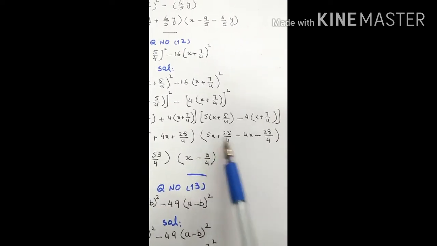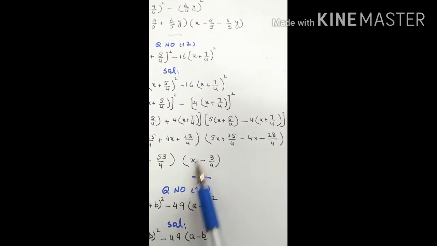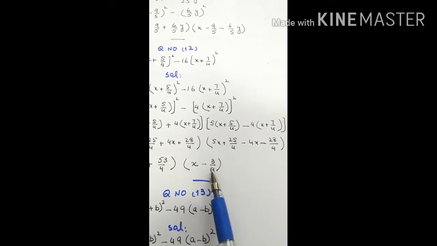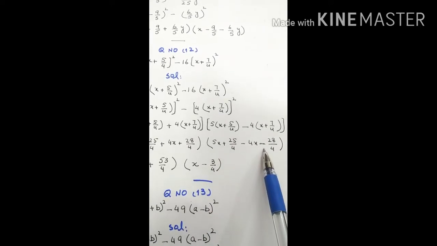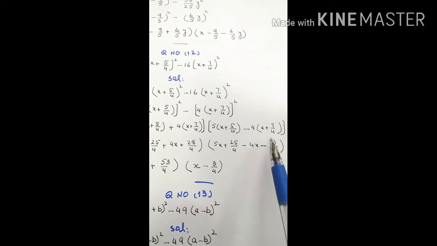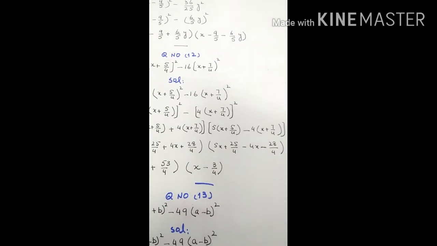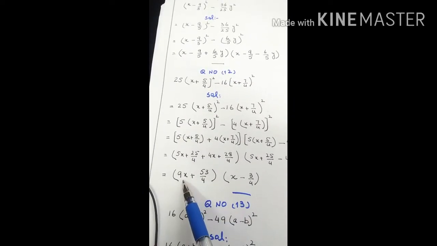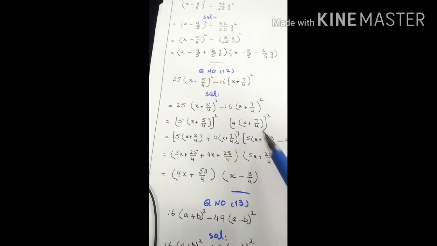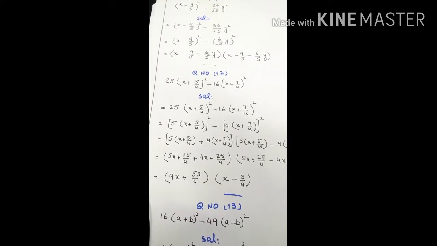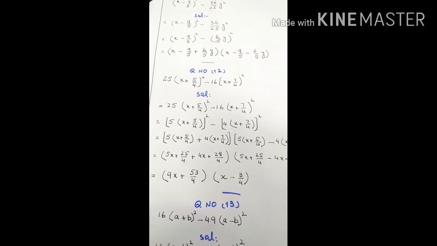Second value, 5x minus 4x is x. 25 by 4 minus 28 by 4, denominator the same. Sign is minus because 28 is the greater value. 28 minus 25, that is 3. So we have solved this question: 9x plus 53 by 4, that is a plus b and a minus b, by using the formula of a square minus b square.